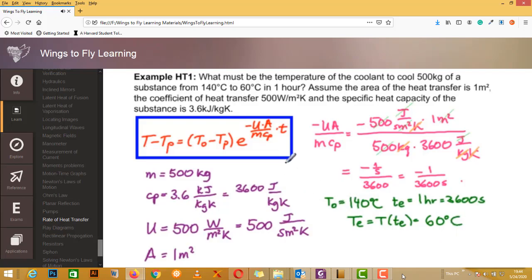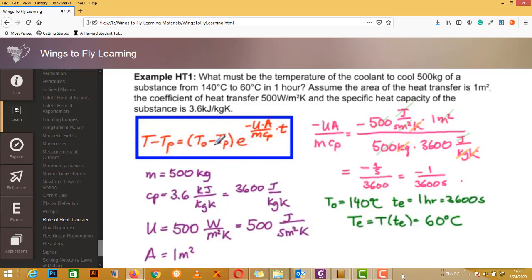So we have a number to substitute here. t is going to be t end, 3,600 here. That gives us our 60 degrees over here. And we know that T0 is 140, and we can solve for Tp.